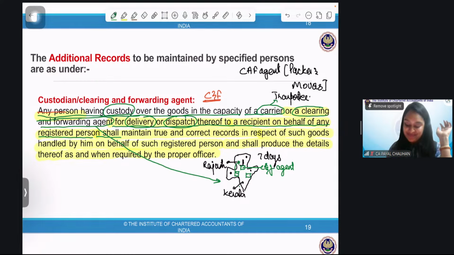I'm sorry. Now, I have a sore throat. We'll take 2 minutes. I'll take 2 minutes rest.